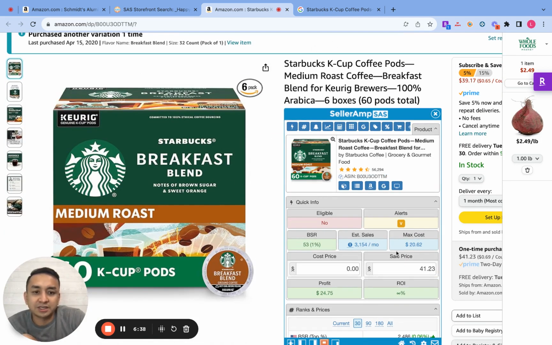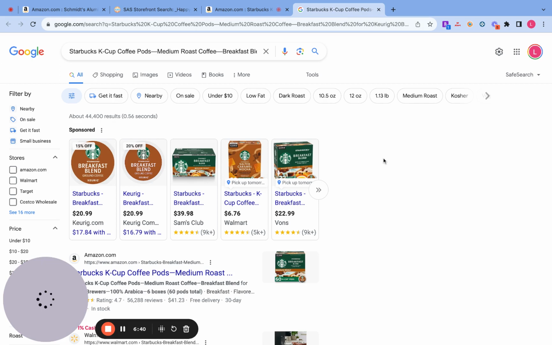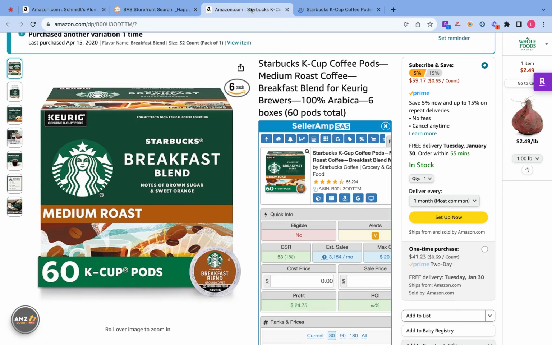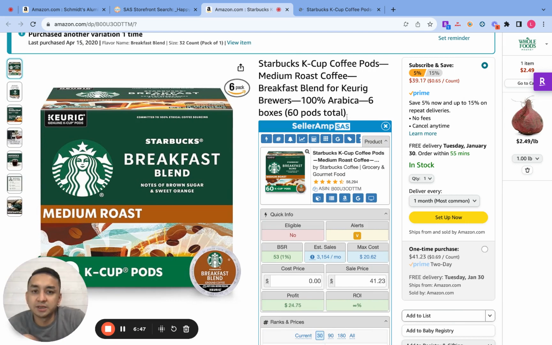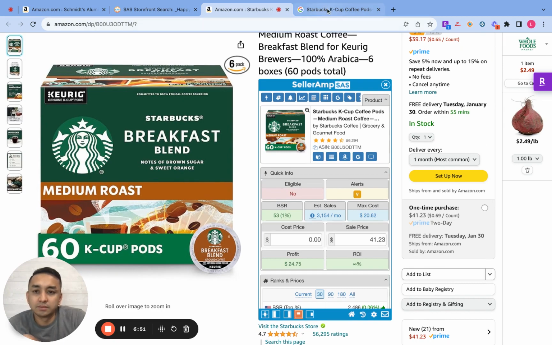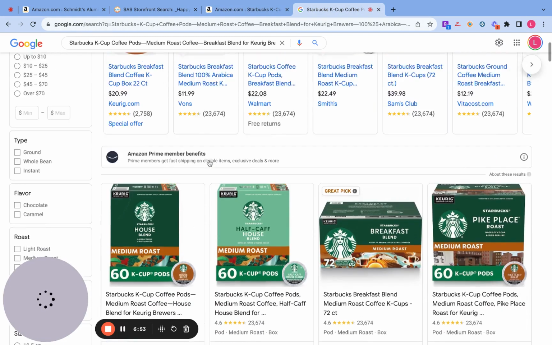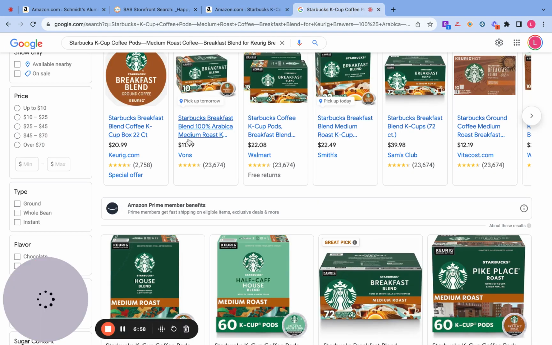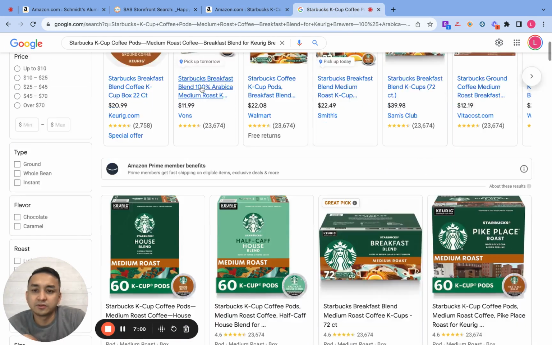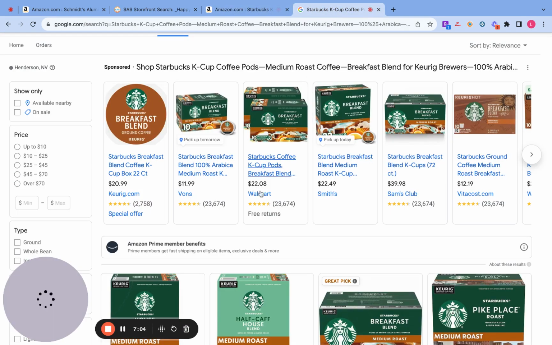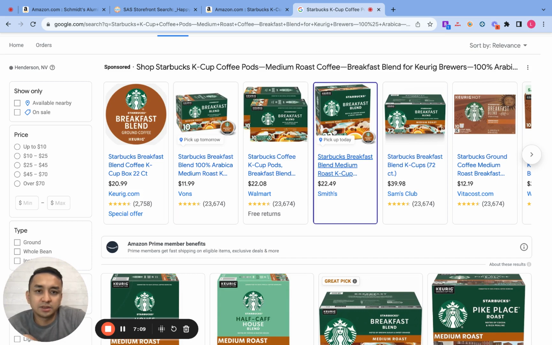So for this one, the max cost is $20. Let's see, breakfast blend, 60 pods, and the max cost is $20. Is it the one? No, it's not.